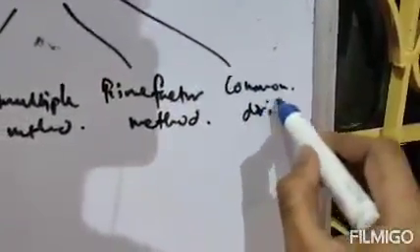And number three is common division method. Clear? So there are three methods all total.